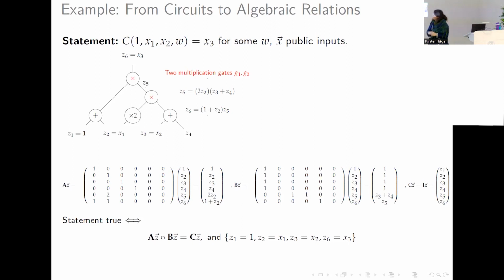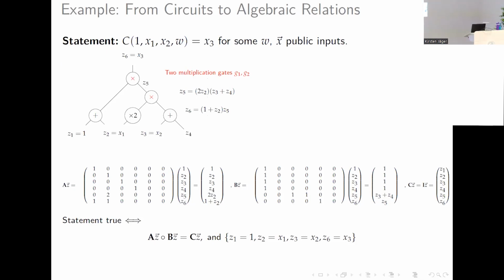And this is done by reducing, so what we do first is reducing this problem about circuit satisfiability to some set of linear relations, and this is called an R1CS constraint system, okay? So this is a very famous way to represent circuit satisfiability. This is the Hadamard product, so it means the pointwise product, okay?